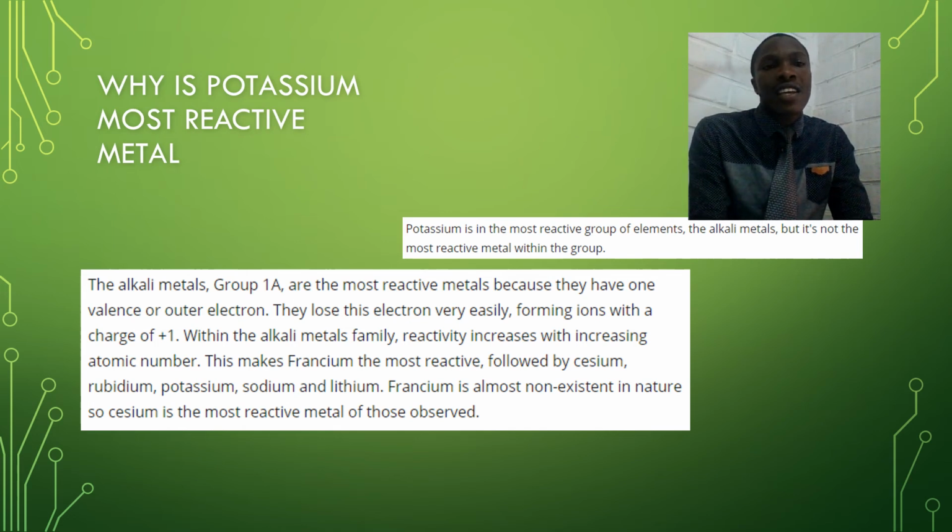So metals like francium, cesium, rubidium are more reactive than potassium. Francium, in fact, is not found in nature because it is very reactive, reacts very fast, so it's hard to trace it in nature. However, we have metals like cesium, rubidium.